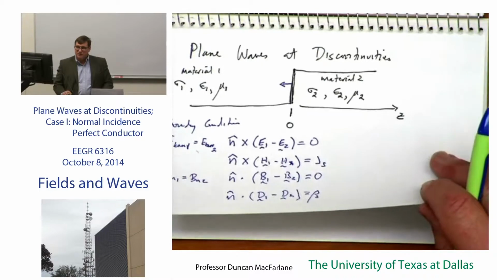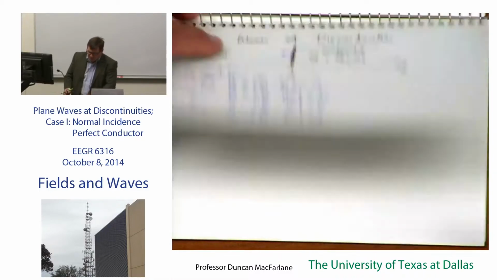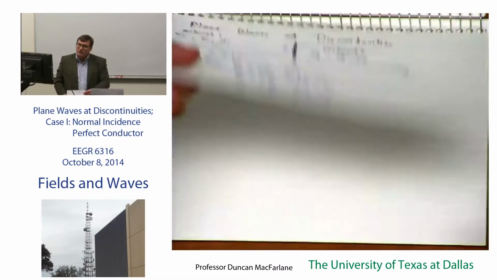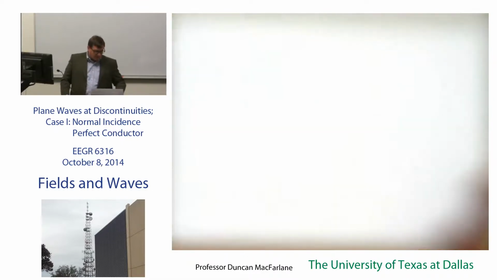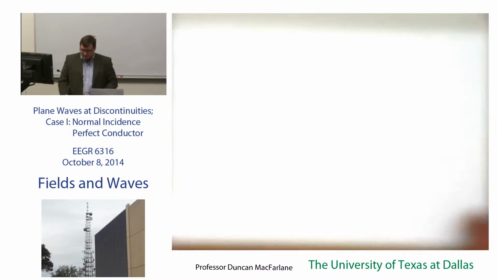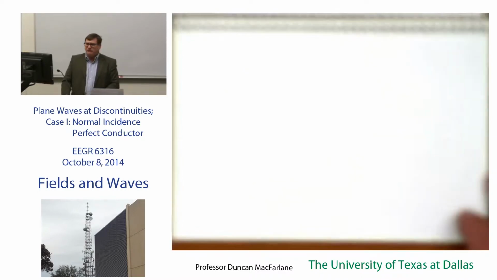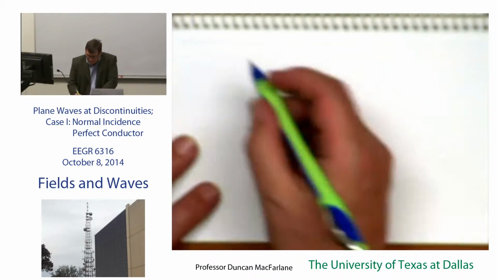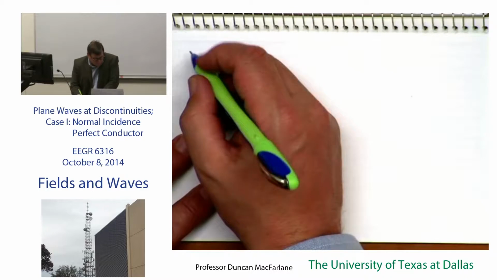It can't move. So those are some of the comments, some of the background that might inform our assumptions in our mathematics. So I'm going to do a couple of different cases for you, just to show you how the boundary conditions work to fill out the field of the plane waves.